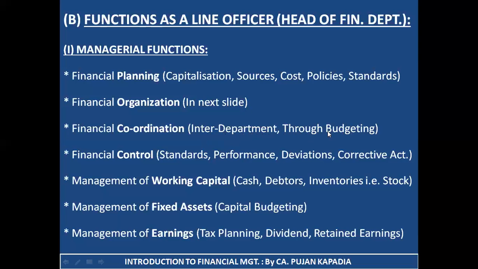And for that, he uses the technique of budgeting. That is, the finance manager is the one who is going to decide about the finance that is going to be used by each and every department. So he sets a budget for each and every department, as a result of which there can be smooth functioning and spending by each department. This is the third managerial function being performed by the finance manager.